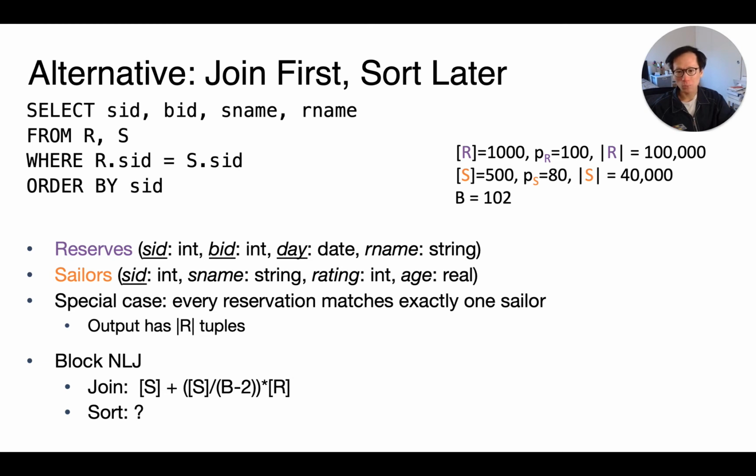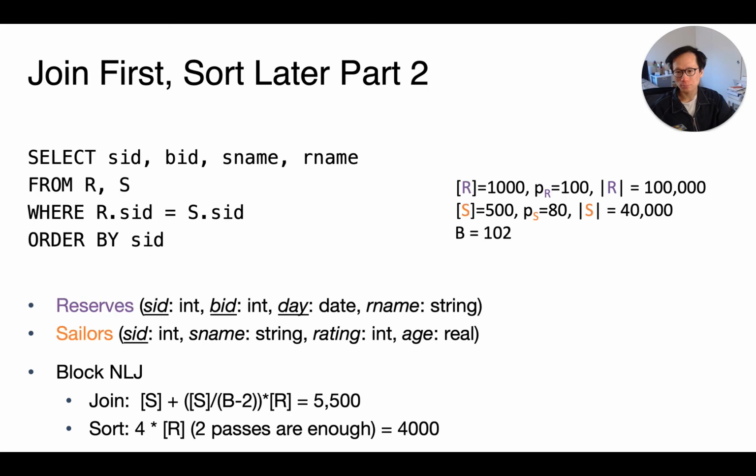And so the output is going to be exactly the same number of rows as the input table R, the number of reserves tuples. So we can estimate the cost of sorting the output here as the cost of sorting R, which you can see below, and that's something like 4,000 IOs for a grand total with block nested loops join of 9,500 IOs to do the join and sort the output.